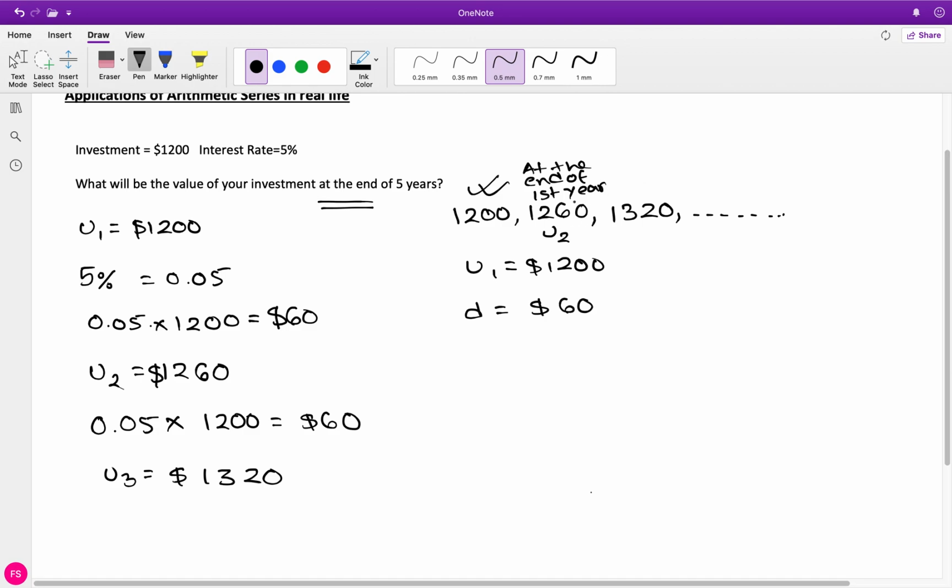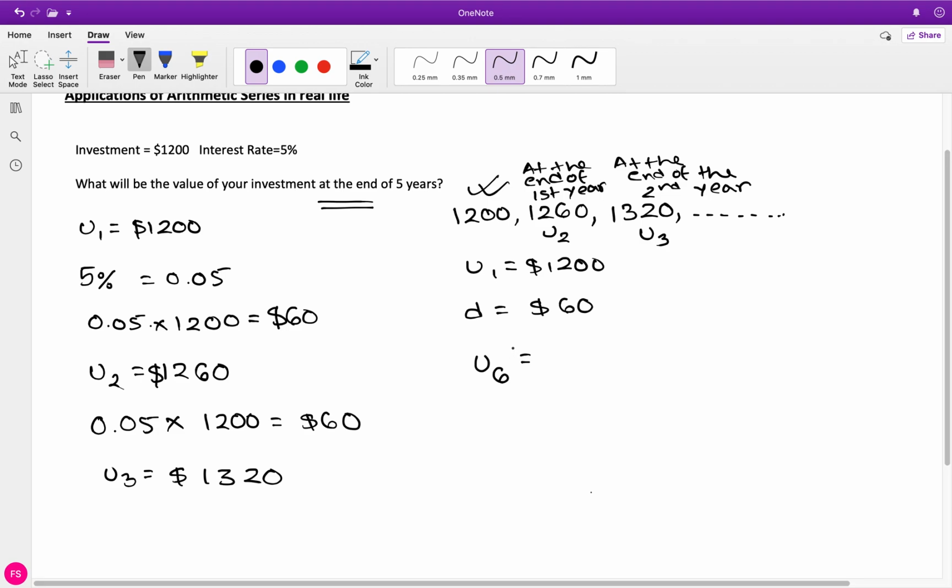Now after this year, you will go to the second year. So at the end of the second year, you are actually going to get this term, which is your U3, the third term. That means if you want to find the value at the end of 5 years, you actually have to find the sixth term, not the fifth.